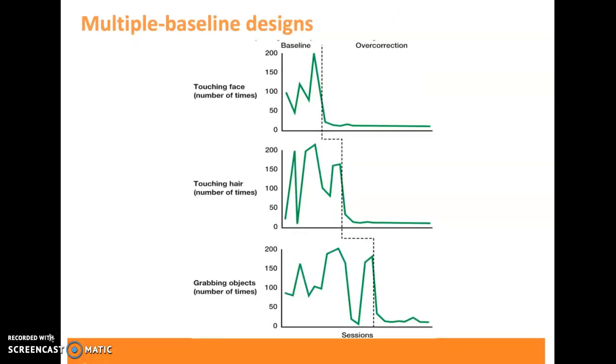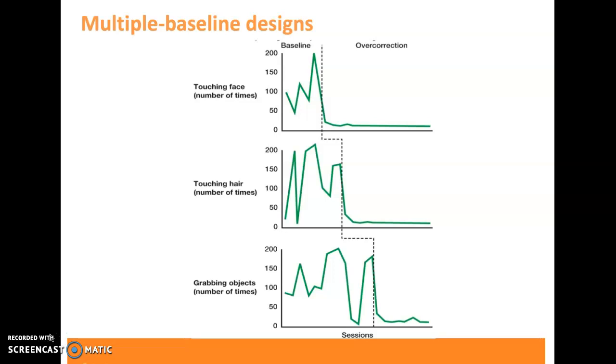For example, here is a case where it's across different behaviors in one individual. So this individual was engaged in some behaviors that were interfering with everyday life, touching face, touching hair, and grabbing objects. And if you look at the y-axis, you can see that it was happening to such a great frequency, which is why it was interfering with daily life.